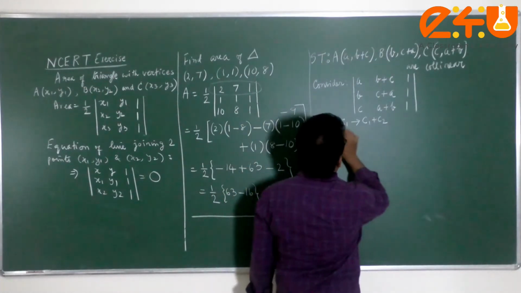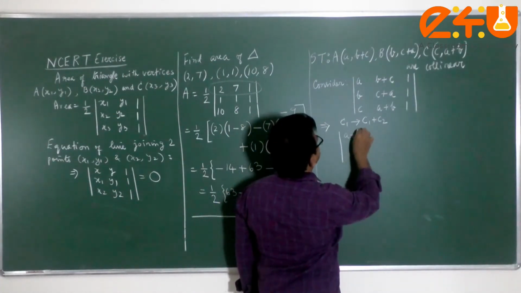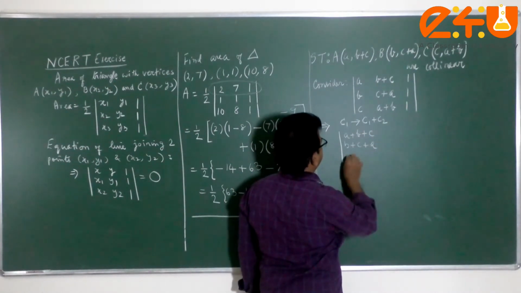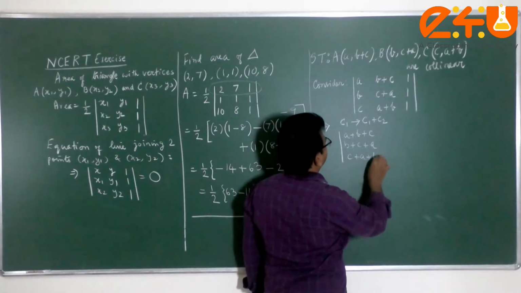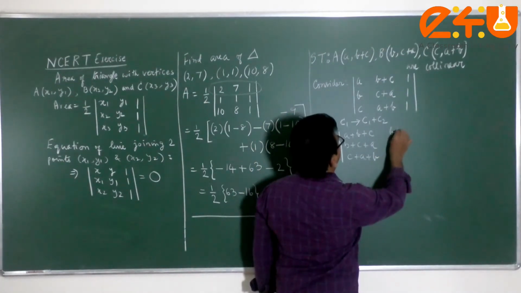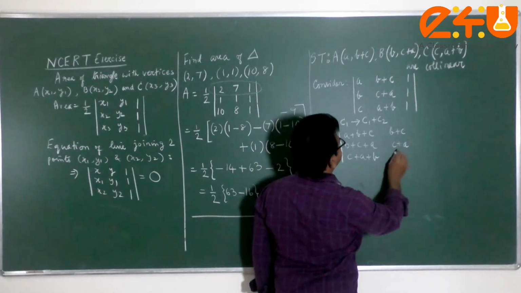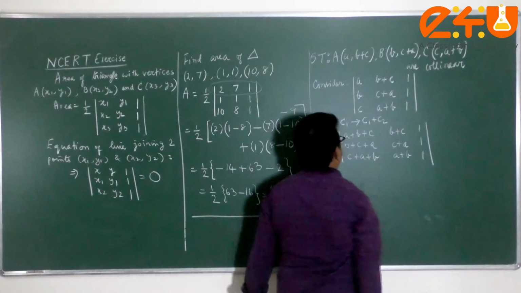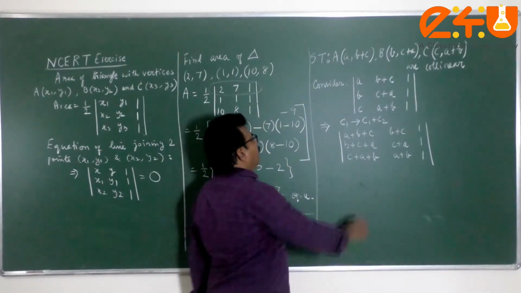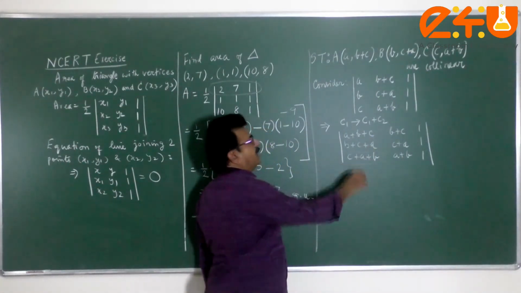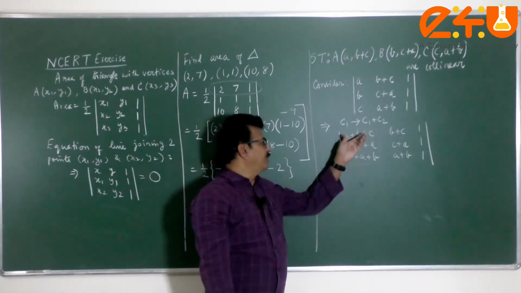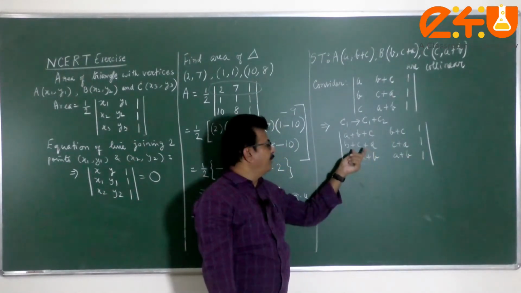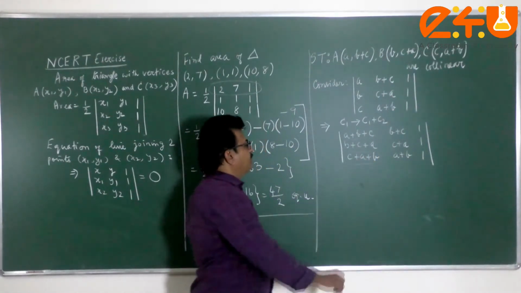So the answer we get is A plus B plus C, B plus C plus A, C plus A plus B. Column 2, B plus C, C plus A plus B. And all elements in column 1, you can see they are identical, A plus B plus C, just in a different order.